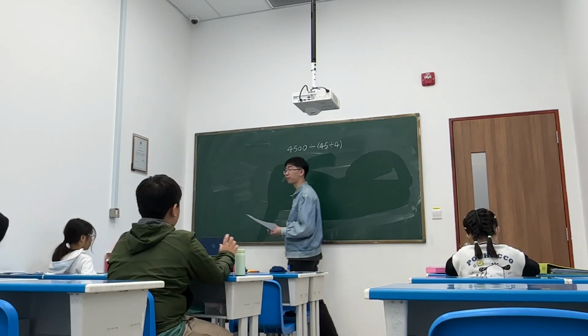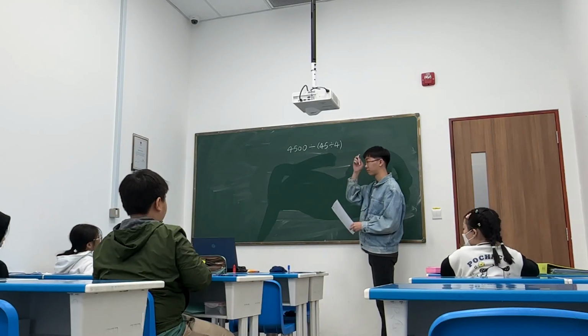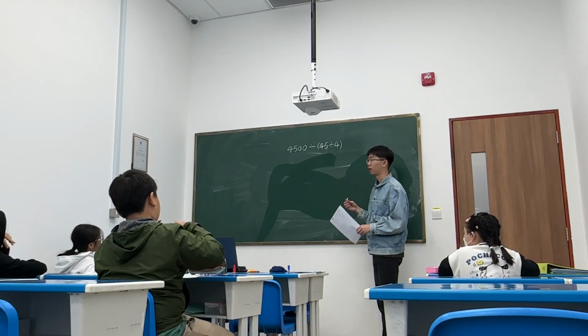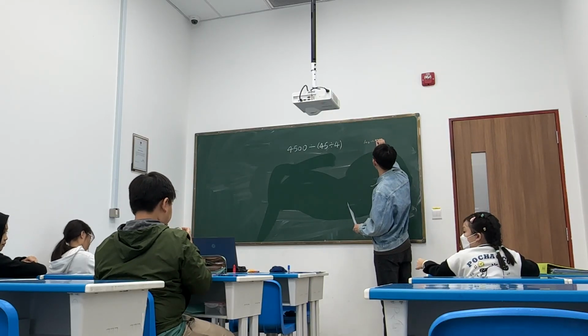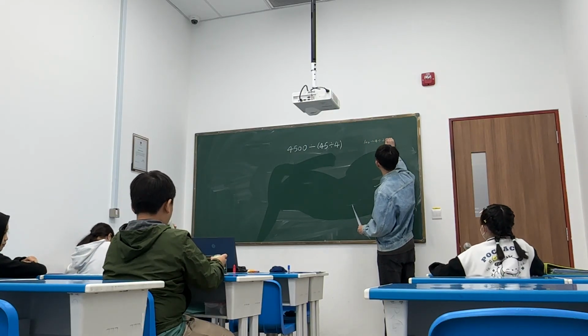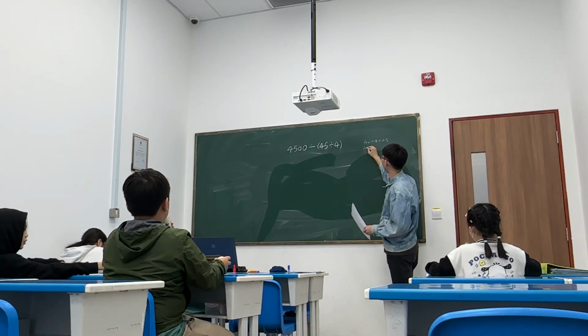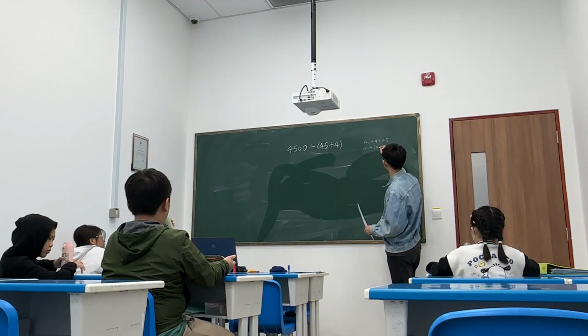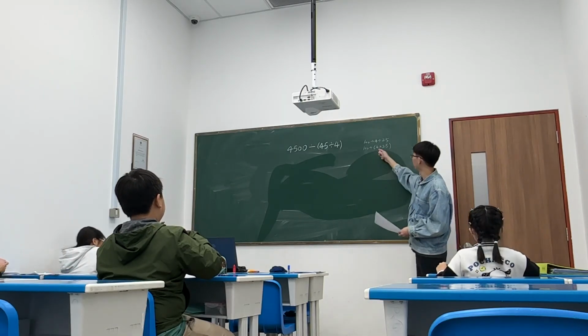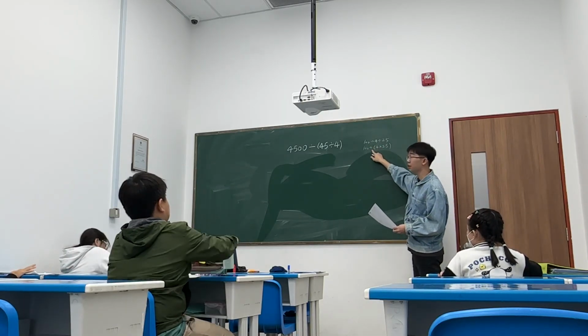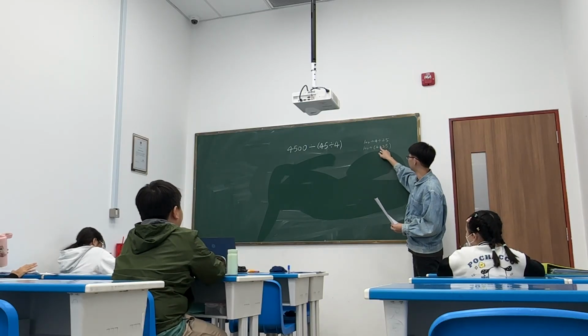If we're going to remove the bracket, what should we do? Previously we saw that 100 divided by 4 divided by 25 equals 100 divided by 4 times 25, right? Now similarly, if you want to break your bracket in front of a division sign, you need to change the sign over here.